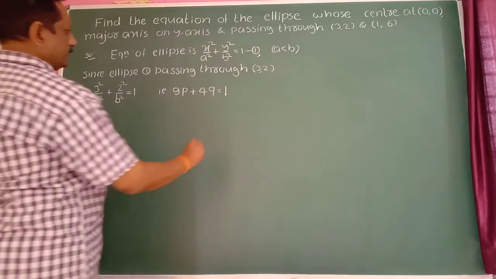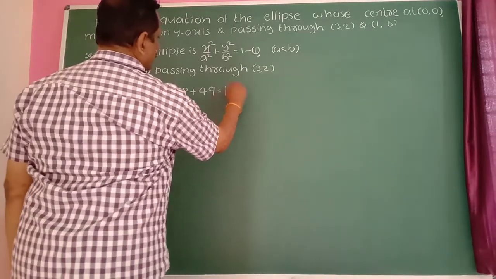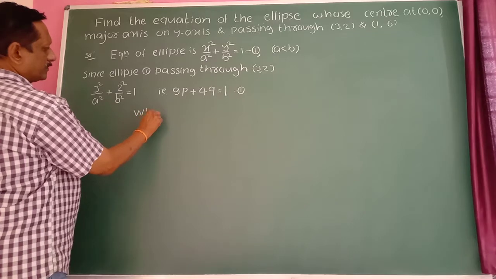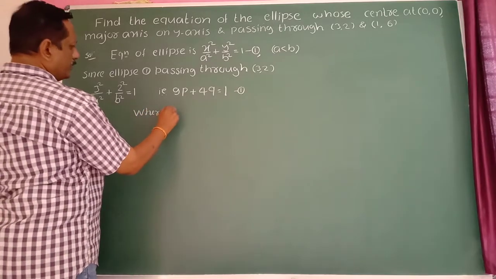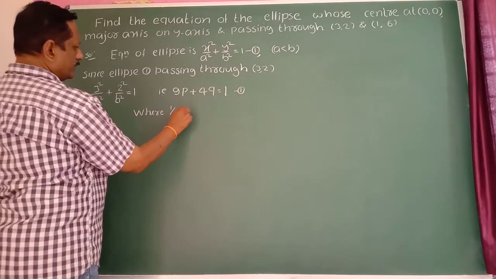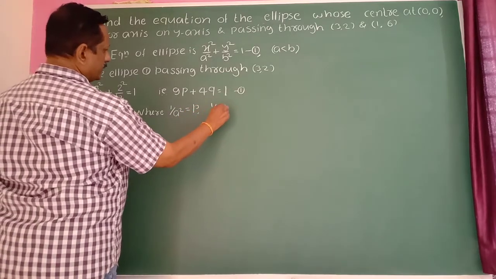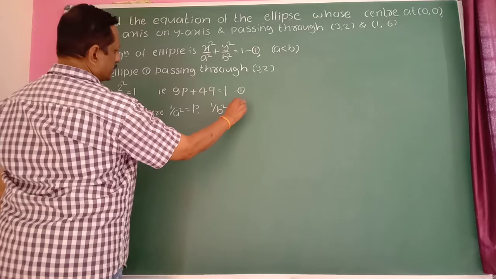Take this as equation number 1, where 1 upon a squared is taken as p, and 1 upon b squared is taken as q.